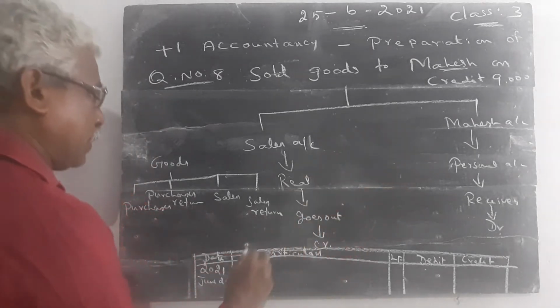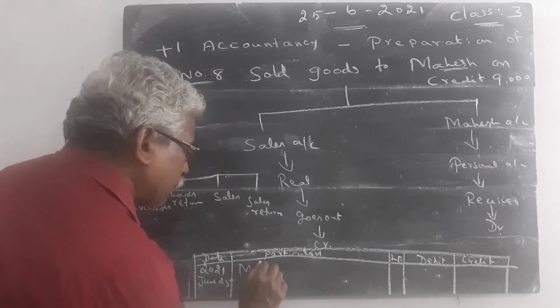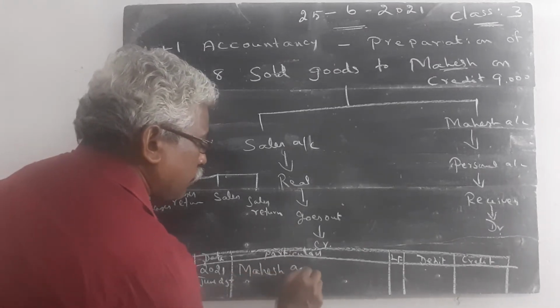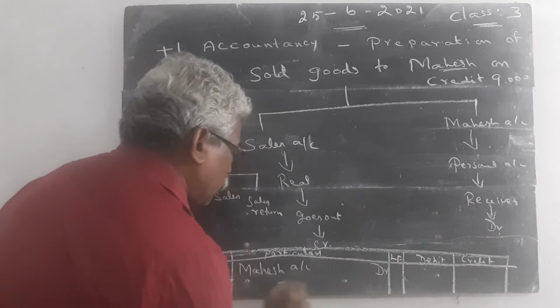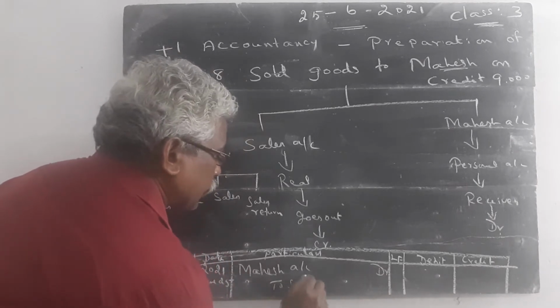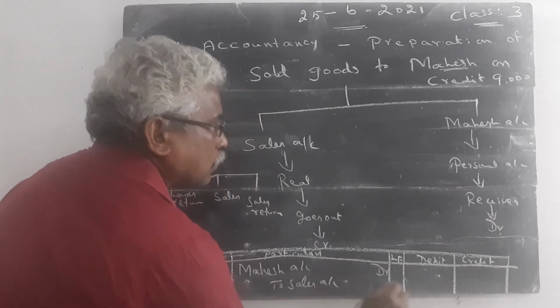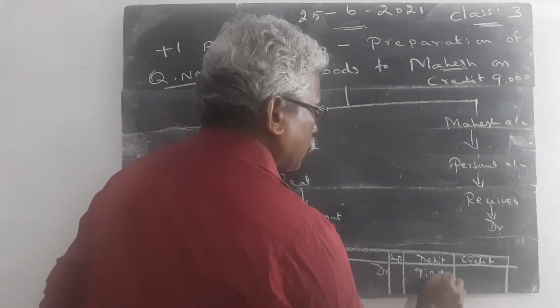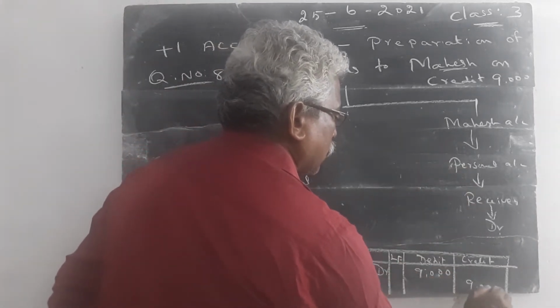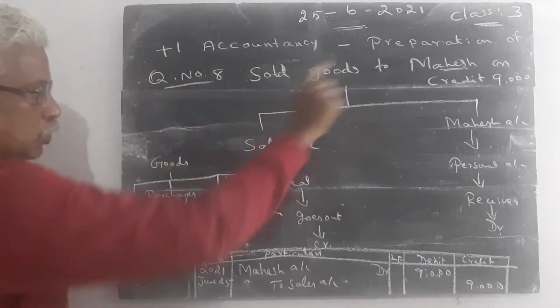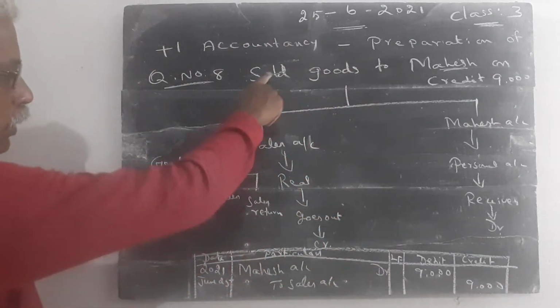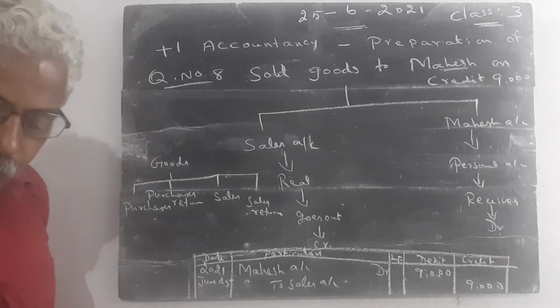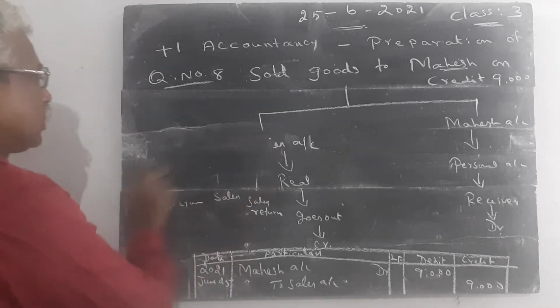First the debit aspect, Magesh account debtor, to sales account. Here we write the amount 9,000. The narration is sold goods to Magesh on credit. The same question is entered in the particulars column as narration. Then question number 9.